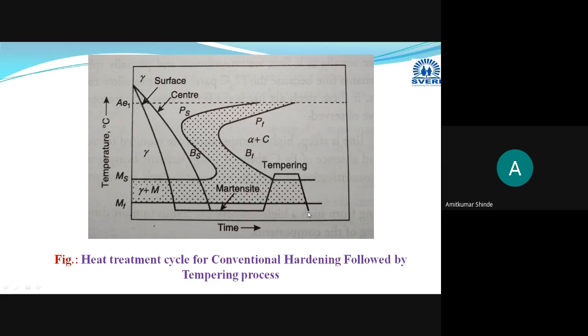Due to this, whichever internal stresses were created due to sharp temperature changes will get eliminated. It is just one more heating and cooling cycle at a lesser temperature, up to 100 or 200 degrees Celsius. Whichever stresses are there due to the sharp change in temperature will get eliminated.